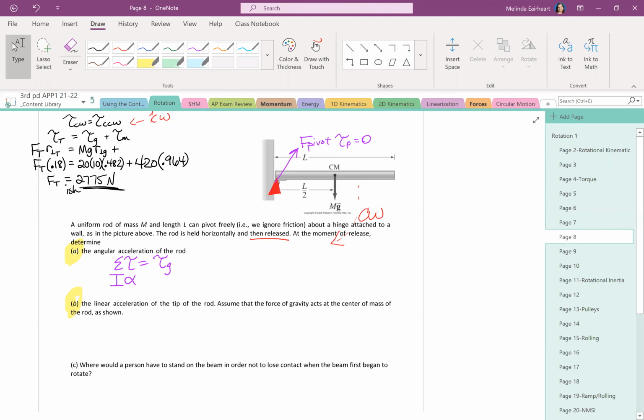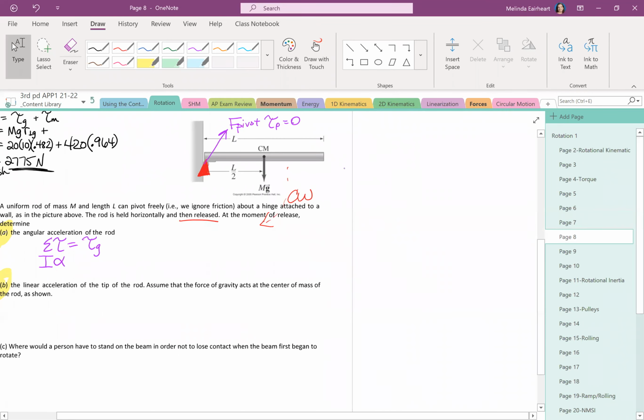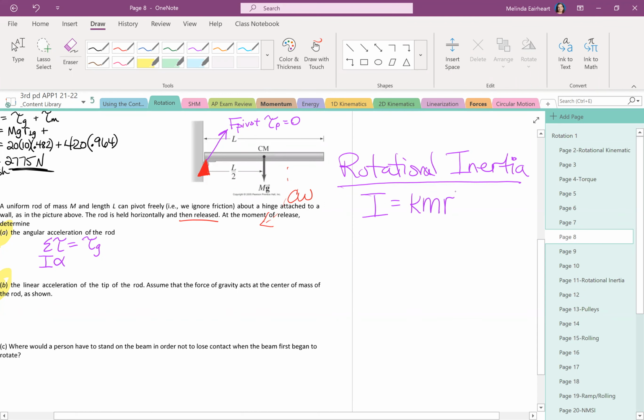So previously, I put my arms out, I pulled my arms in. I said, I'm not changing my mass, but I'm changing how the mass is distributed, okay? And so rotational inertia, which is also called moment of inertia in some textbooks. I think your textbook does rotational, and that's the way it's labeled on the formula chart. It's a variable I. It does not equal m. Here's the equation in generic form.